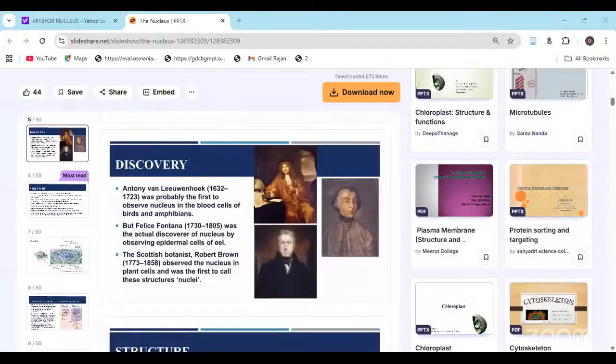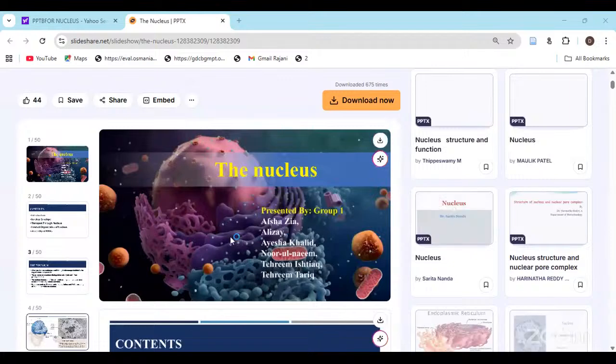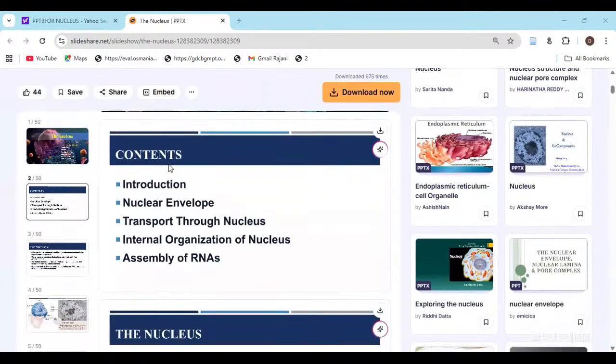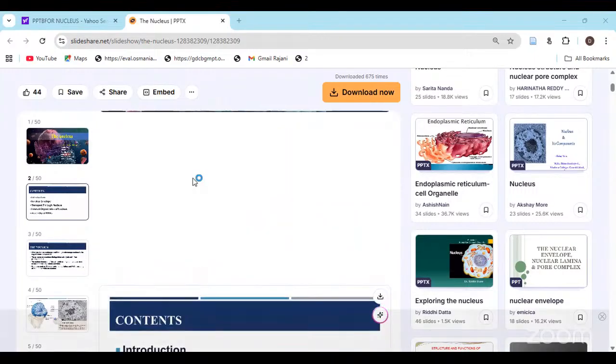Yeah, this is the discovery of the nucleus. In these four stages you can also observe the nucleus, and its growth. Which scientist discovered the nucleus? In this topic you can observe the introduction of the nucleus, nuclear envelopes, transport through the nucleus, and how the nuclear membrane is present.